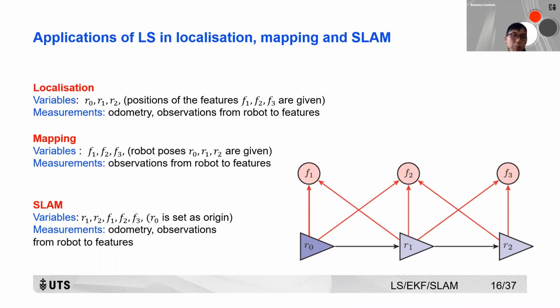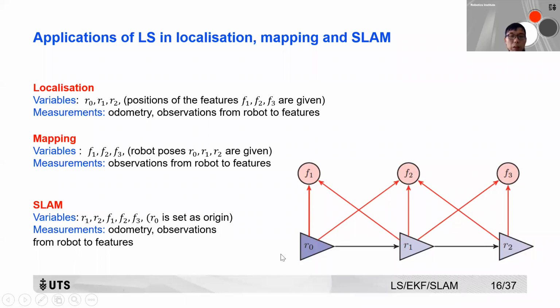For the SLAM problem, we want to estimate both the robot poses and the feature positions. In this case, because all the information or measurements are relative, we need to fix a coordinate frame. Normally, we fix R0 as the origin, and then the variables will be R1, R2, F1, F2, F3.